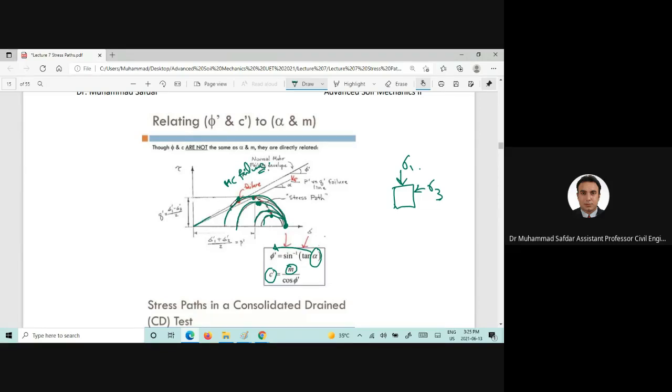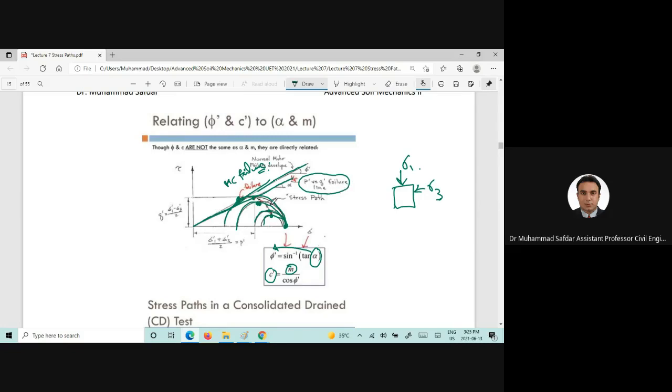This is the Mohr-Coulomb failure envelope, and here is the Kf line, or the modified failure envelope, which we got from the q and p prime plane.